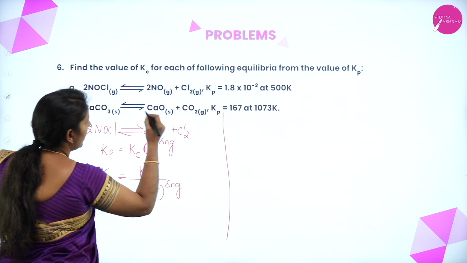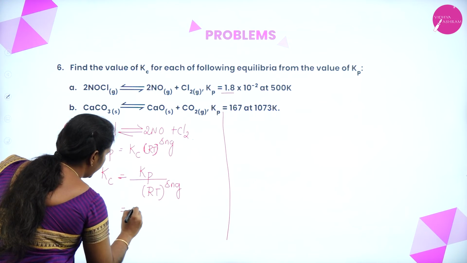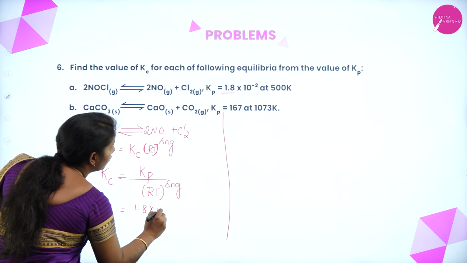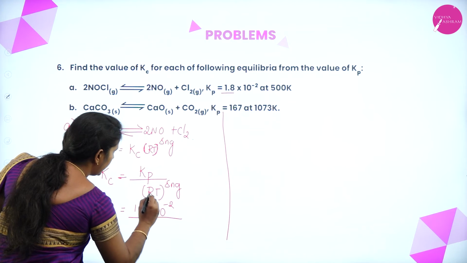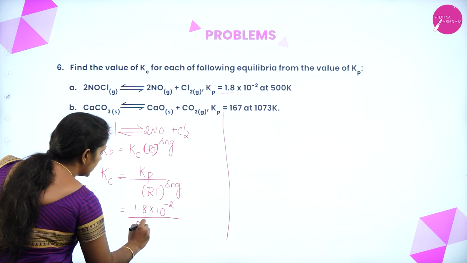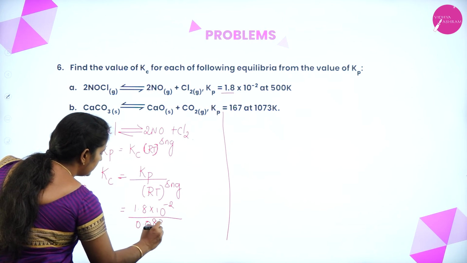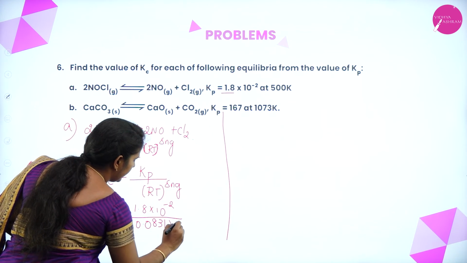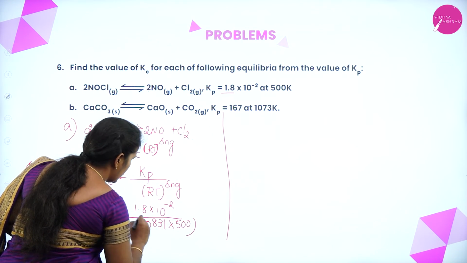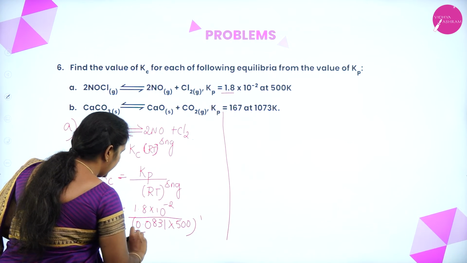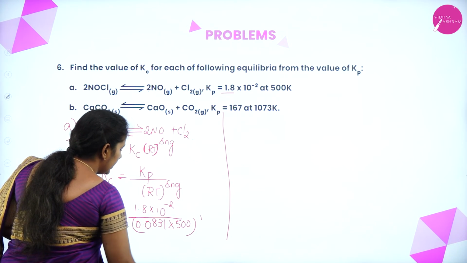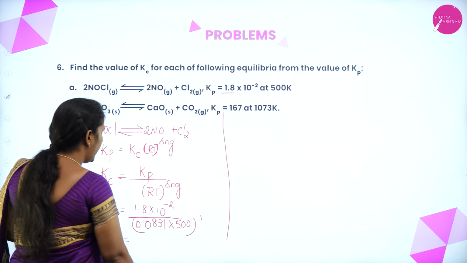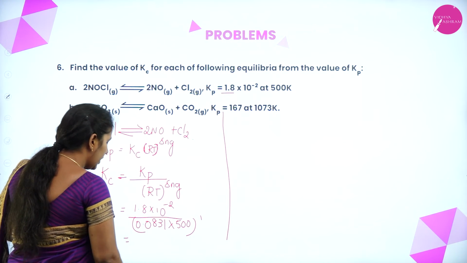So what is the Kp value they have given? It is 1.8 into 10 to the power of minus 2, divided by what is the R value? It is 0.0831 into the temperature they have given, 500, raised to the power 1. Anything raised to the power 1 will be equal to itself. Just multiply 500 with 0.0831.